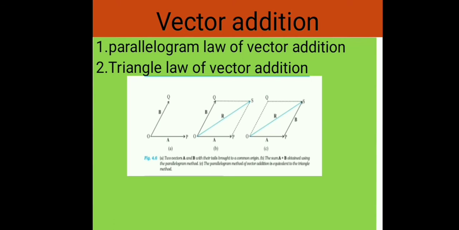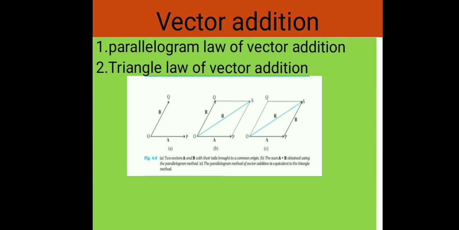Now come to the triangle law of vector addition. If two vectors can be represented both in magnitude and direction by the two sides of a triangle taken in the same order, then their resultant is represented completely both in magnitude and direction by the third side of the triangle taken in the opposite order.